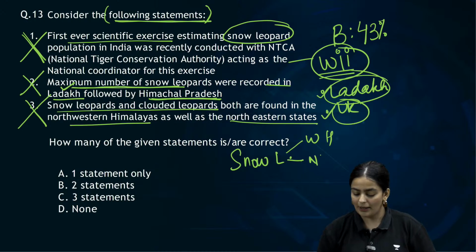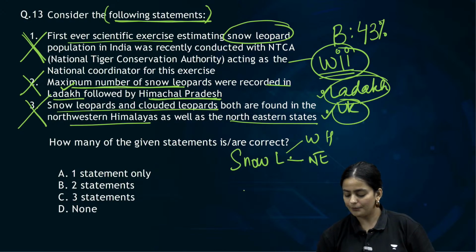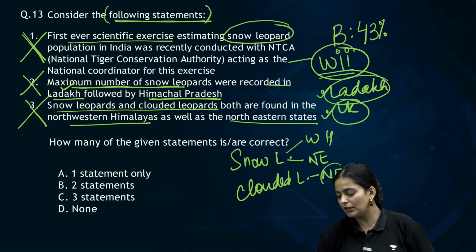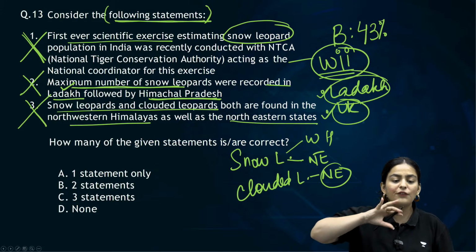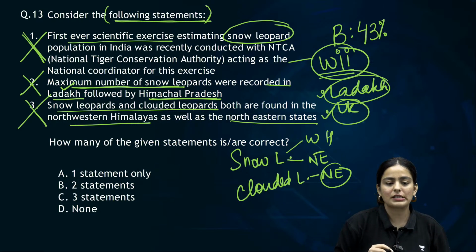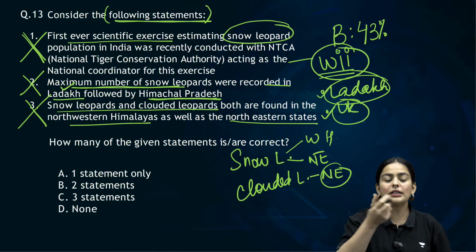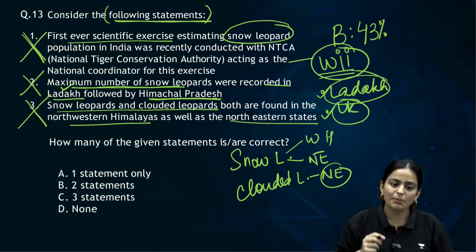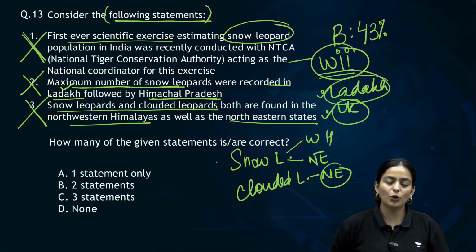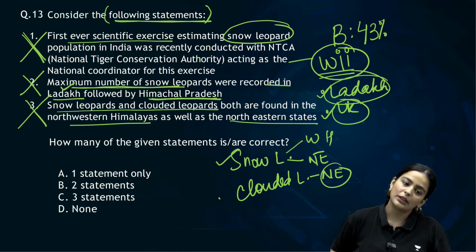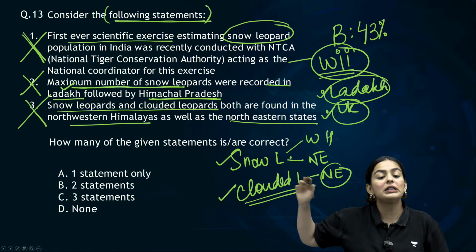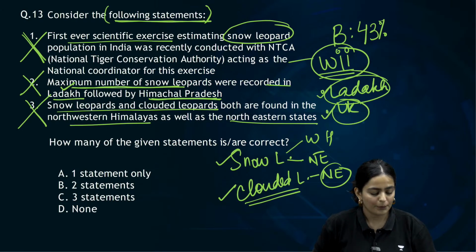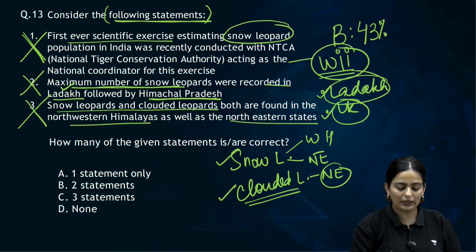But the clouded leopard is only found in the northeastern regions. Clear about this? So that is a difference in terms of distribution. Please remember this. Snow leopard in both the areas, clouded only in the northeastern region. Also in a lot of Southeast Asian states they are found. Clear? So the third becomes incorrect.